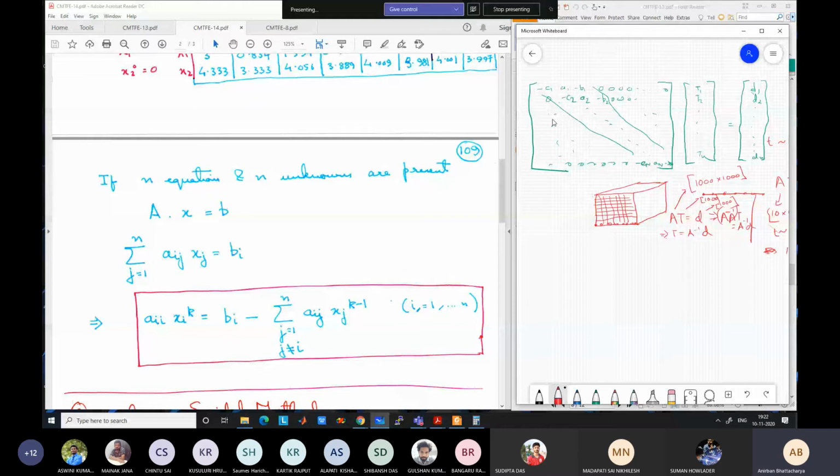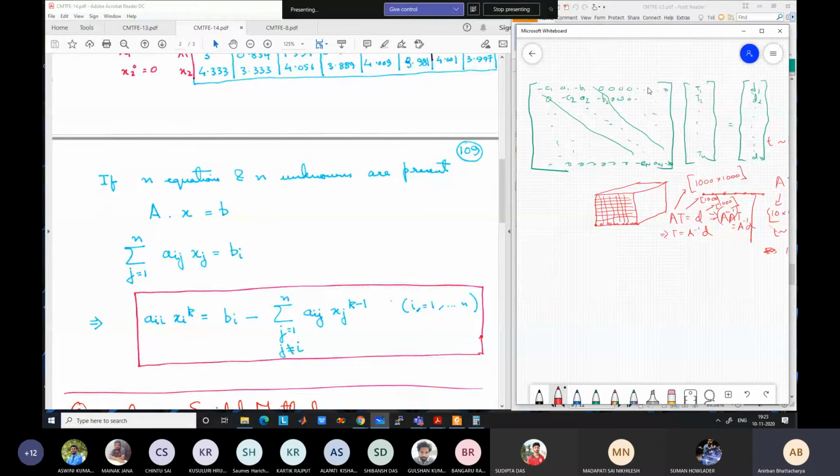This will be a11 into t1, a12 into t2, a13 into t3, a14 into t4, like this in general if these values are not 0, a15 up to the end, a1n into tn.